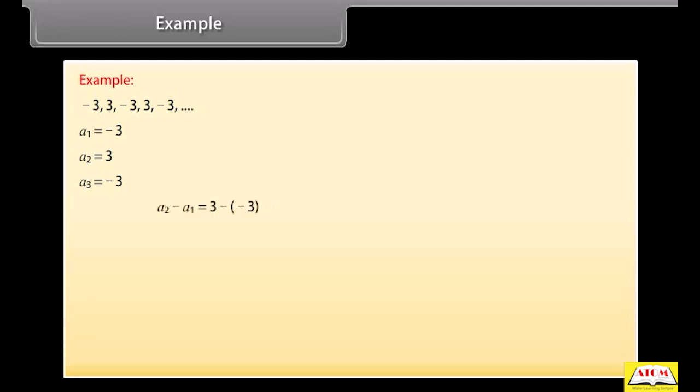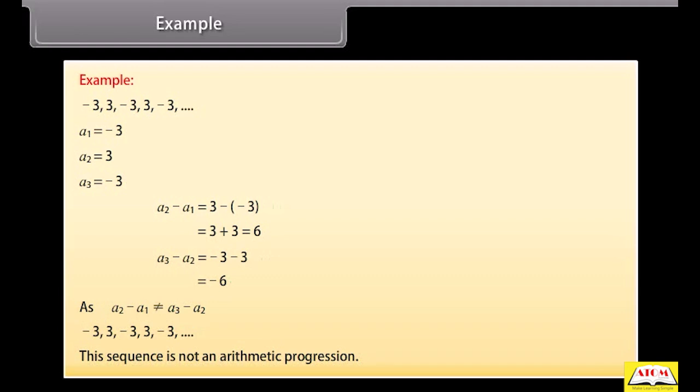Now let's find a2 minus a1, which is equal to 3 minus minus 3, which is equal to 3 plus 3, which is 6. Also, a3 minus a2 is equal to minus 3 minus 3, which is minus 6. As a2 minus a1 is not equal to a3 minus a2, the given sequence is not an arithmetic progression.